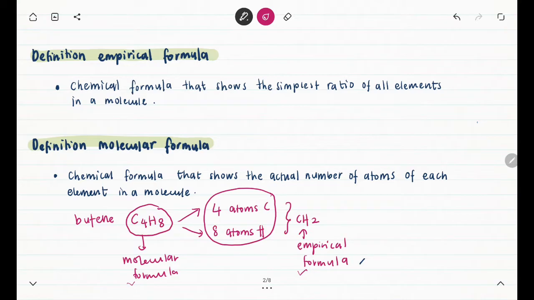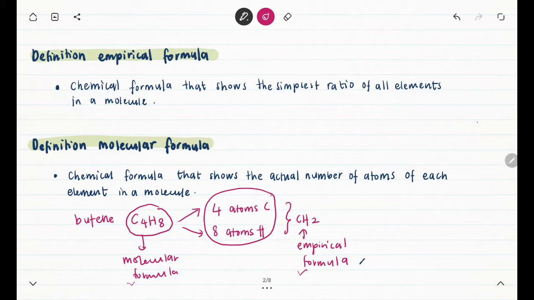The molecular formula of a compound can be determined from the empirical formula if the formula weight or molecular weight is known. So how do we determine the molecular formula from the empirical formula?